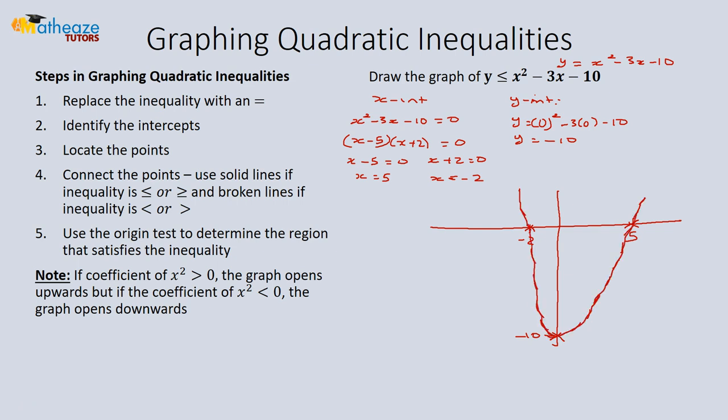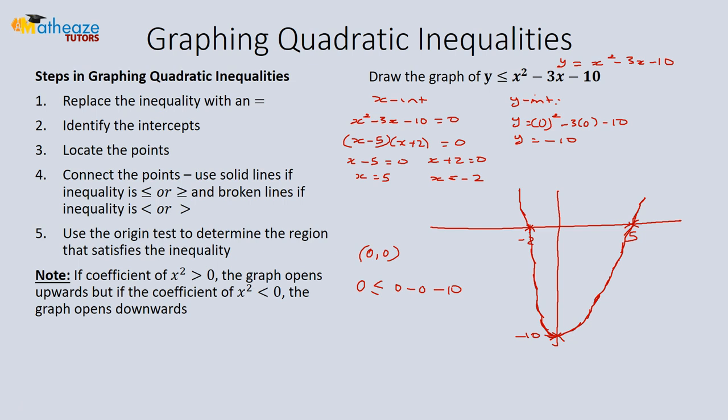The next thing is to use the origin test to figure out our region that satisfies the inequality. So the origin test is 0, 0. So x equal to 0, y equal to 0. So we're saying here 0 less than or equal to 0 minus 10.